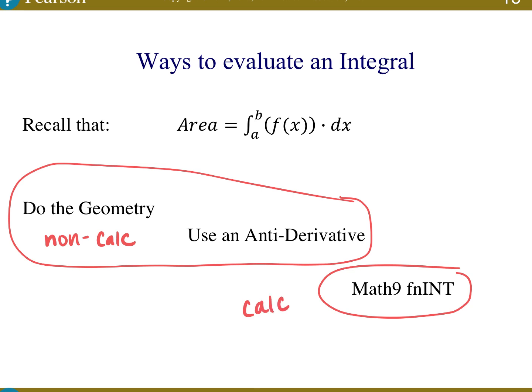So what you'll most likely be asked to do is to interpret what you have. What does your answer mean? Like the last quiz we had, billions of gallons of soda that were consumed during a particular time frame in the United States. You had the calculator that you figured it out with Math 9, but then you'll be asked to interpret it.